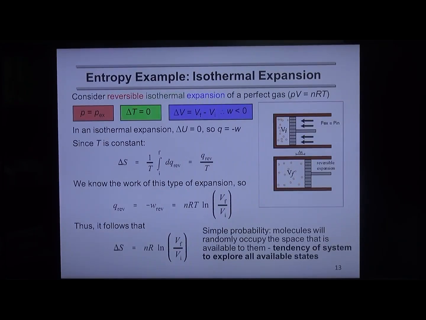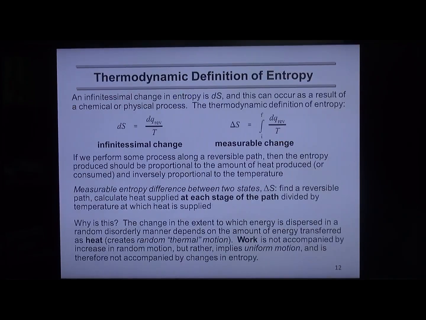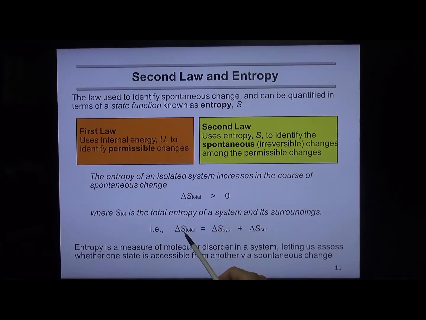You can write the same expression for the entropy of surroundings. Remember that total entropy change is the entropy change of system plus the entropy change of surroundings. If you want to check that this is really true, you need to calculate both, sum them up, and check if the total is positive. That's not really easy, right? It takes time.